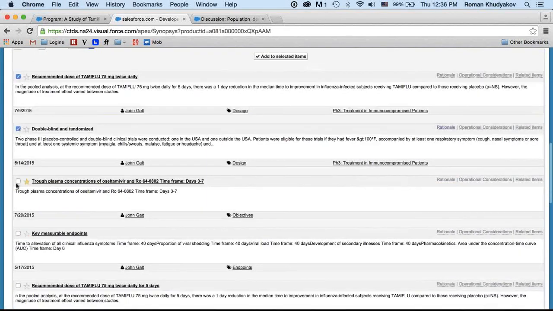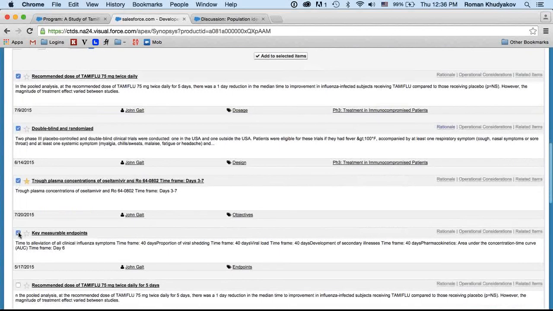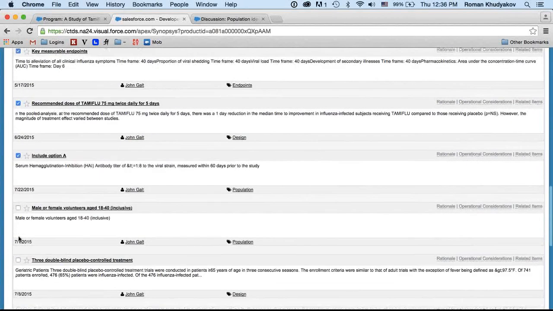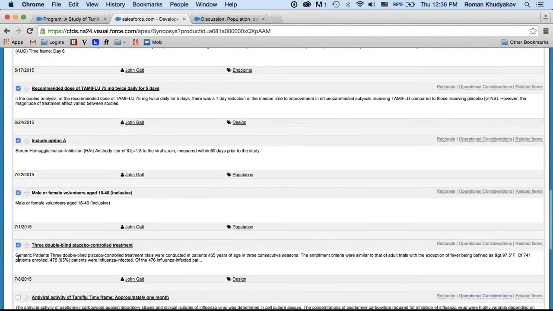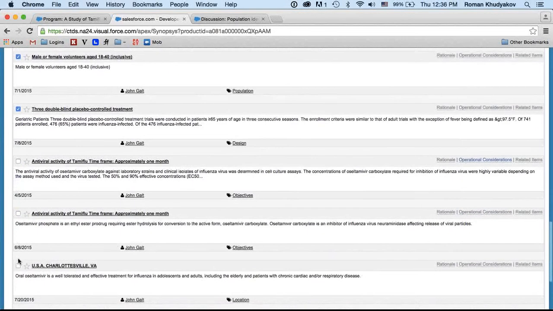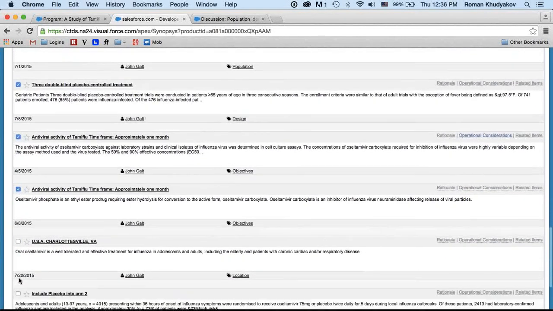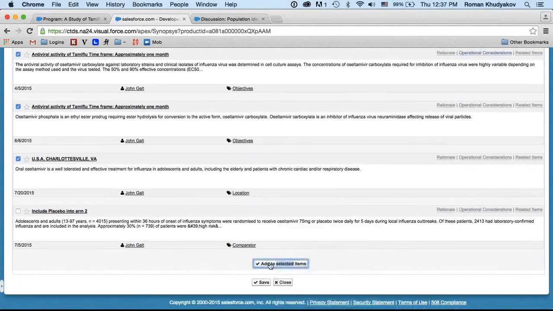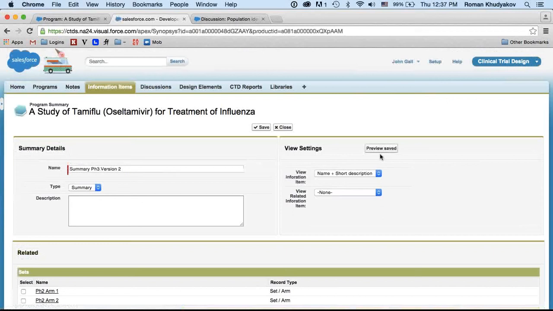And here are all my decisions that were made during the design phase. I'm selecting those which I think are important for this particular version of the study, adding them and saving a study protocol.